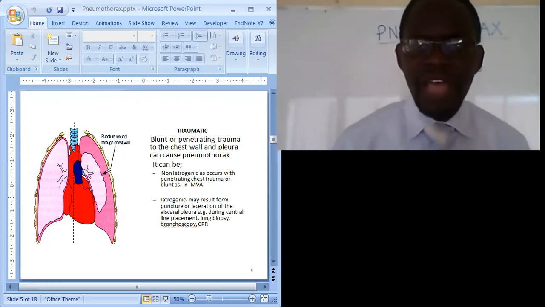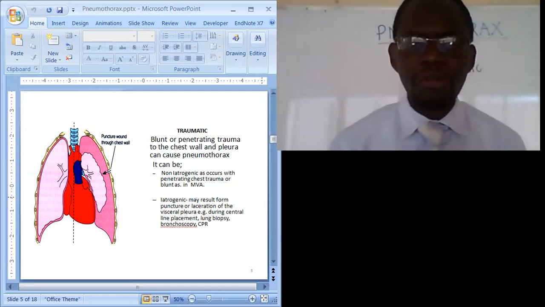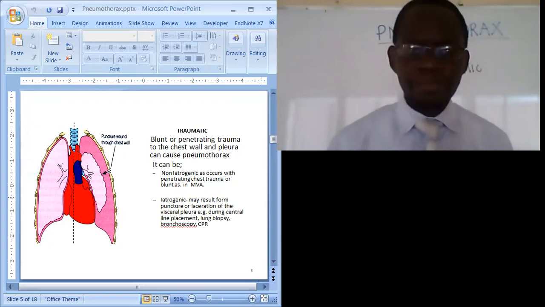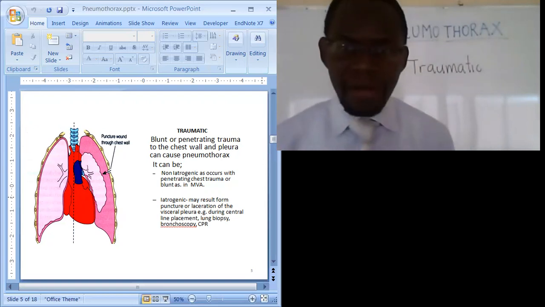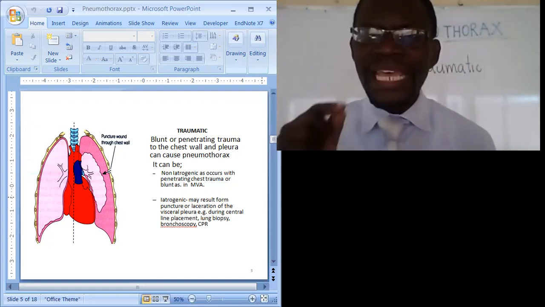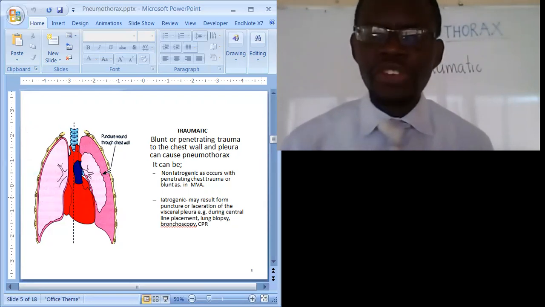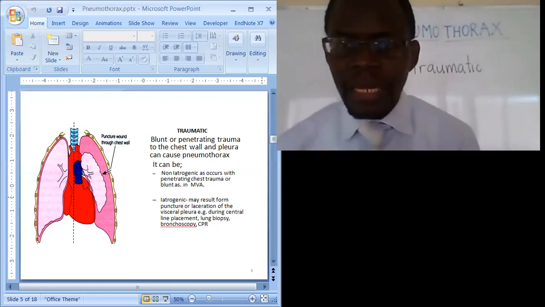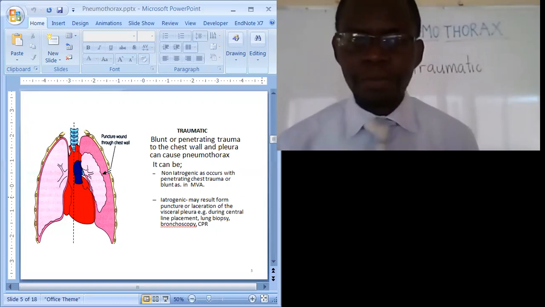For example, it might be as a result of lung biopsy, bronchoscopy, or CPR. When it is as a result of any of those, it is said to be iatrogenic. In other words, it is caused by a health worker.